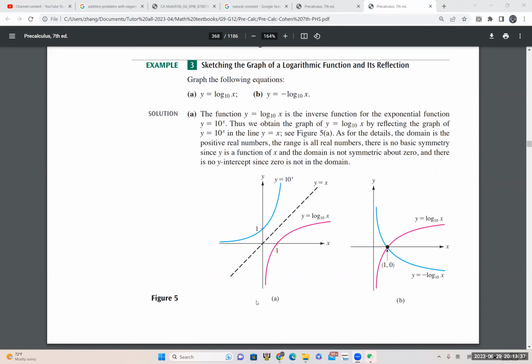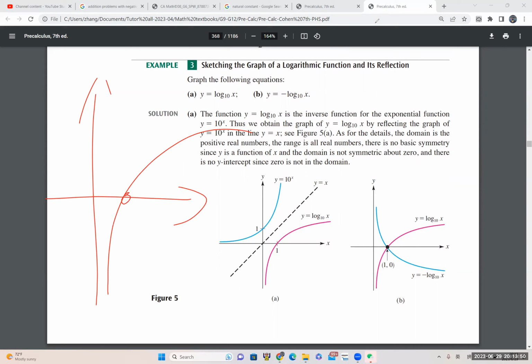But we will not always do this. First, we know the basic logarithm function is just like this. Then again, you can find some key points, like the x-intercept.